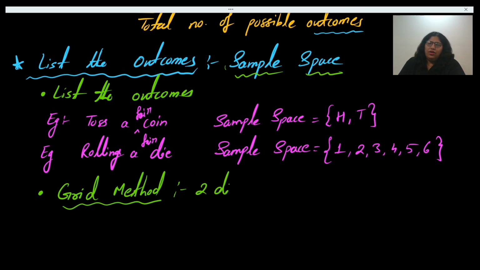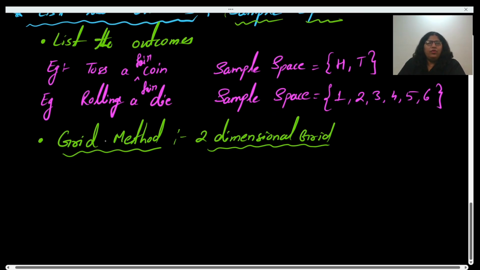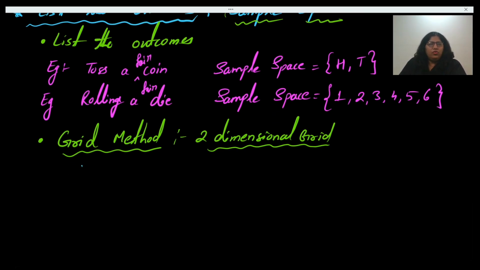So your grid is going to be a two-dimensional grid, which is nothing but when you are taking any two coins or two dice. How do we do it here? Because it's a two-dimensional grid, I can draw an x-axis and a y-axis. On the x-axis you take the possible outcomes.